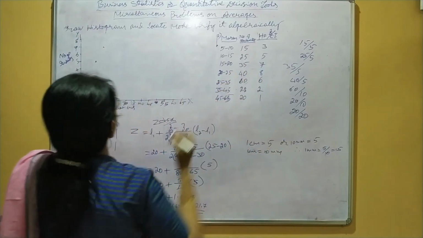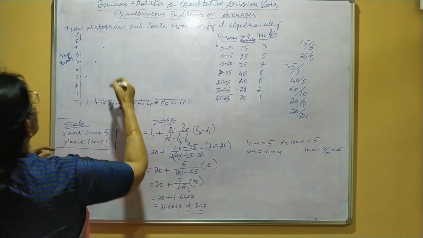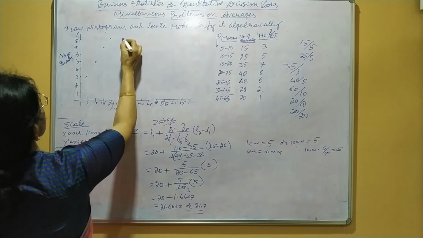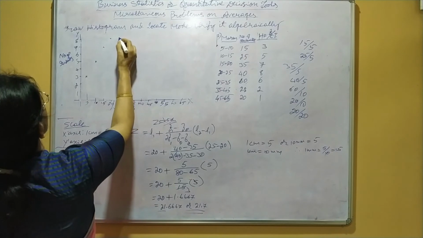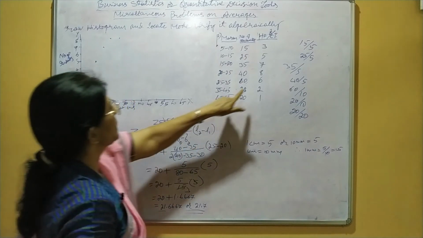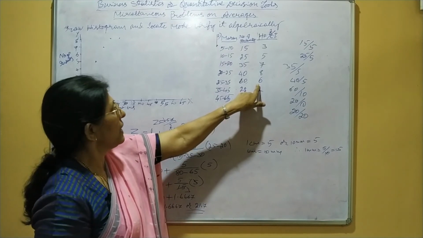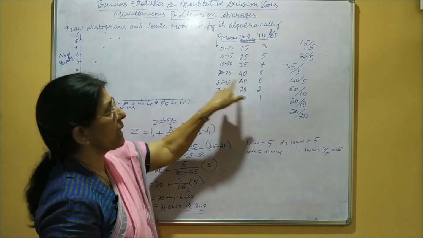Next 8, we have to mark corresponding to both the limits 20 and 25. Then onwards we have to mark corresponding to the upper limit of the corresponding class.